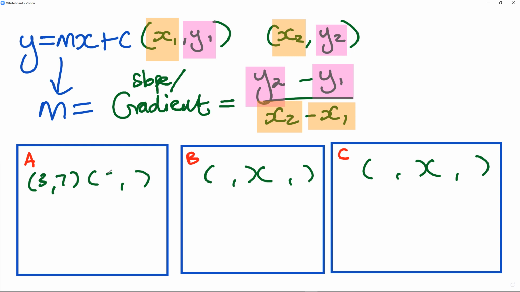We've got 3, 7, and 5, 8; negative 2, 1, and 3, 5; negative 3, 4, and 5, negative 9. Write your answer in a simplified fraction form. When you're done, just shoot the answer out there. We'll check the answer right at the end, but just send it anyway.